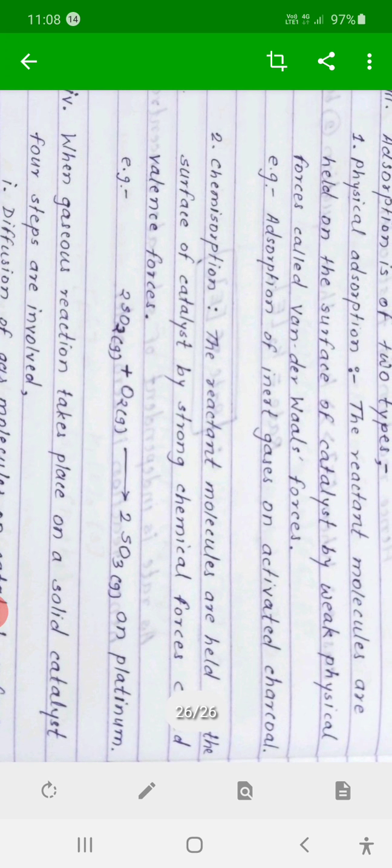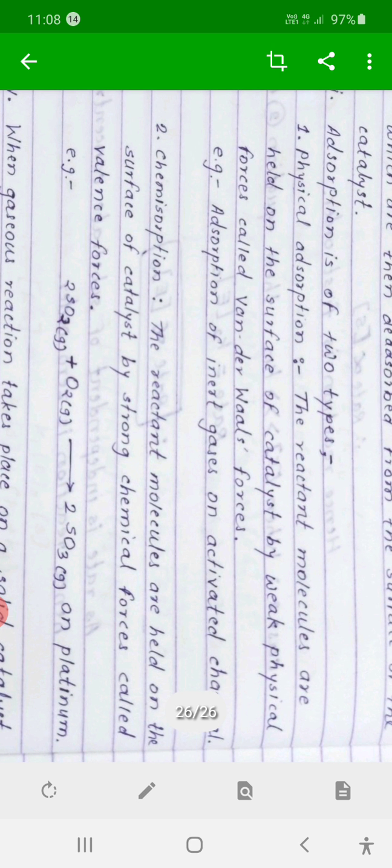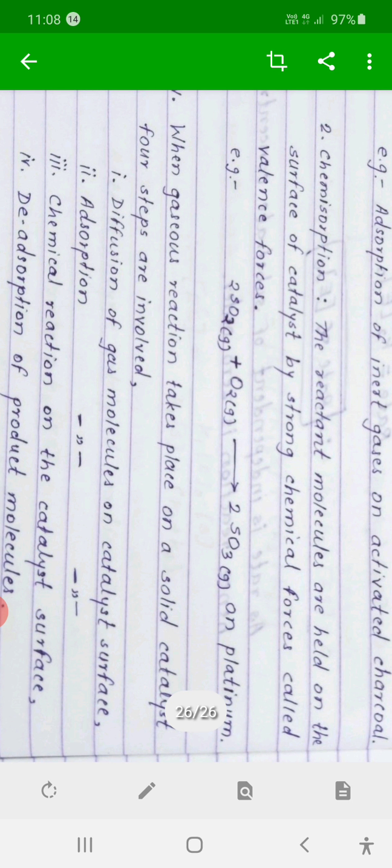Adsorption is of two types, physical adsorption and chemical adsorption. In physical adsorption, the reactant molecules are adsorbed on the surface of the catalyst by weak physical forces called van der Waals forces of attraction, for example adsorption of inert gases on activated charcoal. In chemisorption, reactant molecules are held on the surface of the catalyst by strong chemical forces called valence forces.